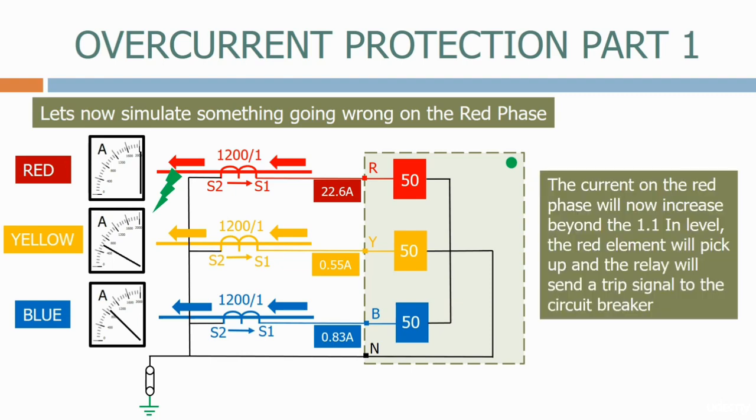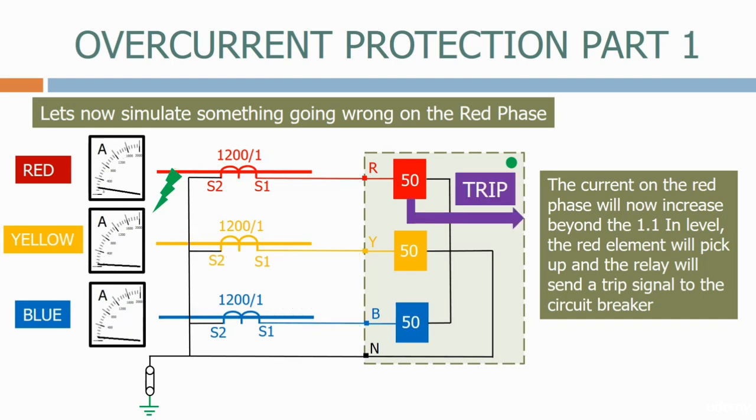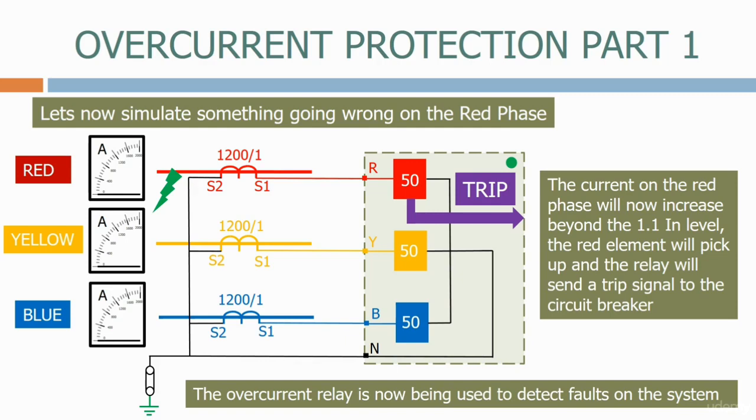The current on the red phase will now increase beyond the 1.1 IN level. The red element will pick up, and the relay will send a trip signal to the circuit breaker. The overcurrent relay is now being used to detect faults on the system.